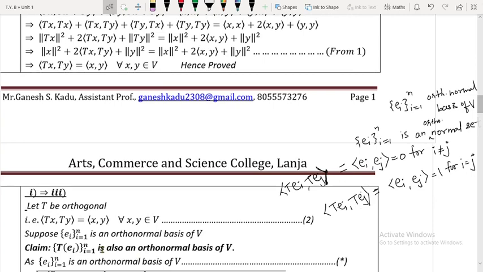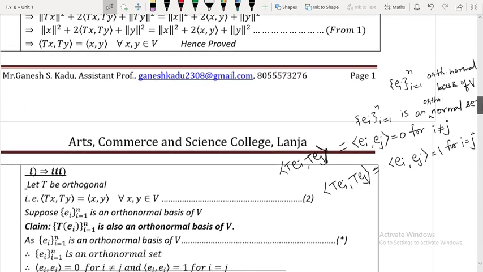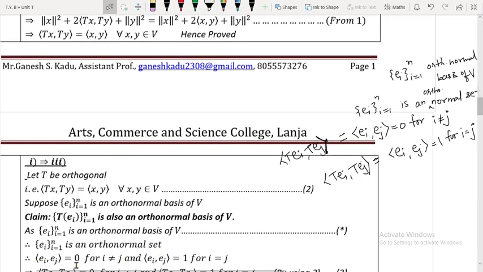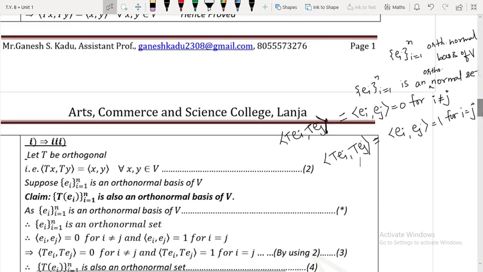So that is what I have said here. As ei is an orthonormal basis of V, it is an orthonormal set, therefore this will happen. Now since this is happening, this will happen by using 2. I have called it 3 and star, and therefore it is an orthonormal set.